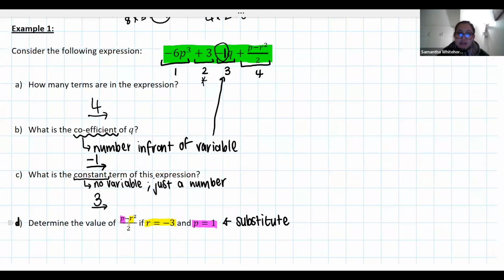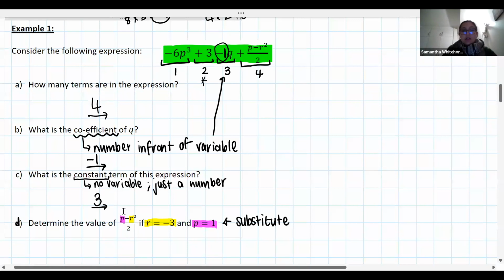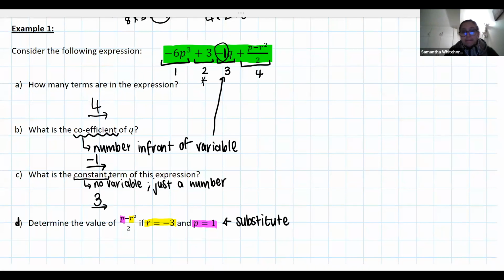Keep those answers coming in the chat. We're getting a bit of a mixed bag, which is fine, but let's keep it going. Remember, your expression is p minus r squared divided by 2. Remember your substitution.